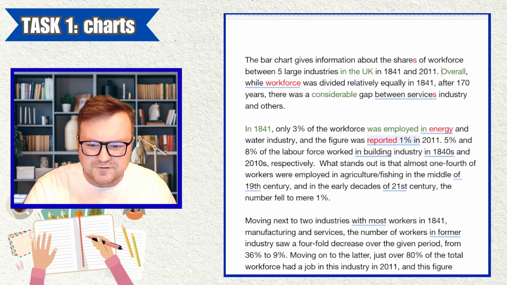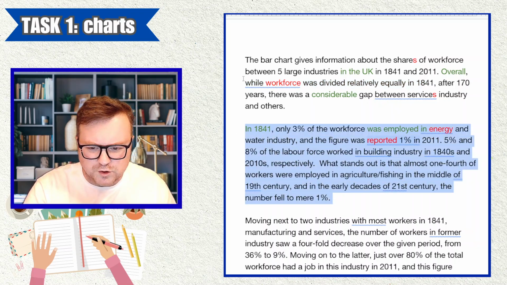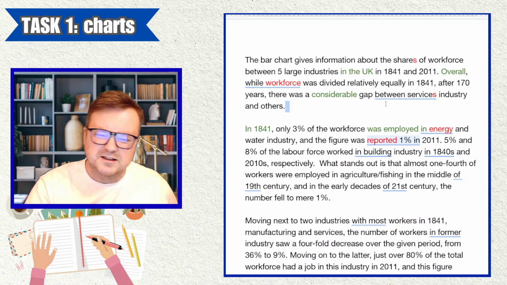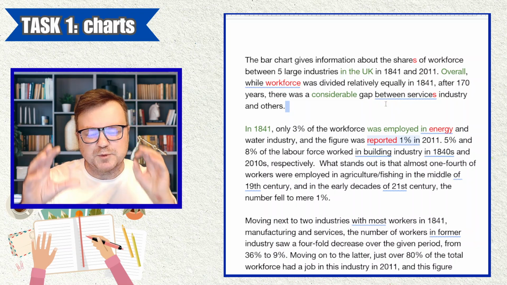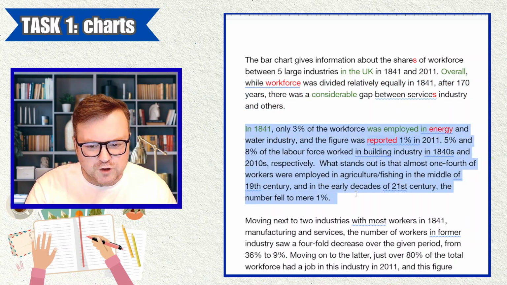Because you've mentioned your key feature here, that the workforce was divided relatively equally in 1841, surely you want your body paragraph to focus on this key feature? So there's a little bit of a strange gap between what you say are the key features in the overview and what you have in your body paragraph.